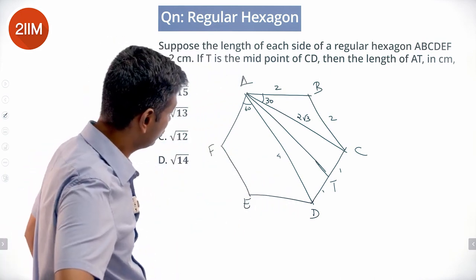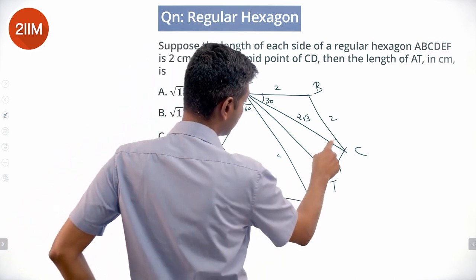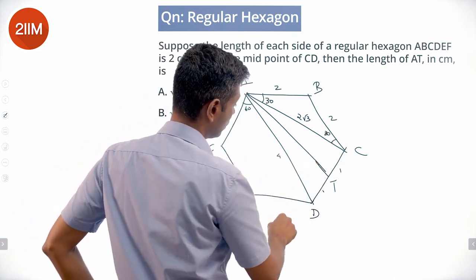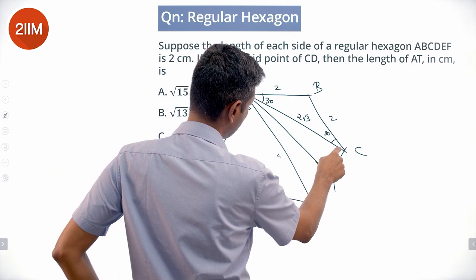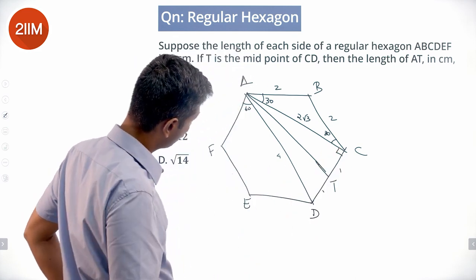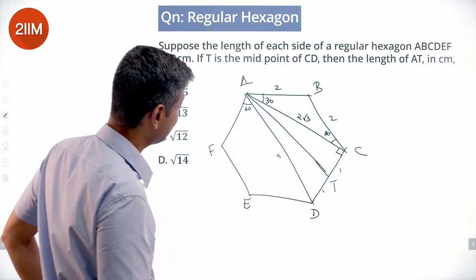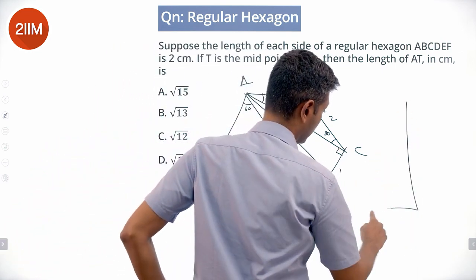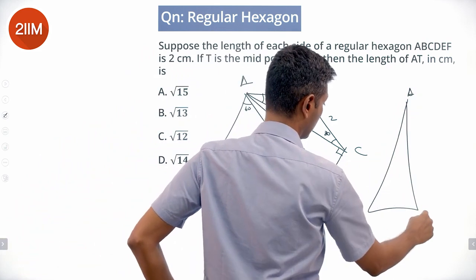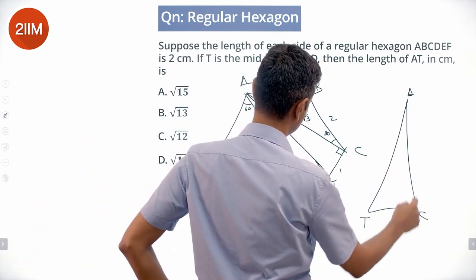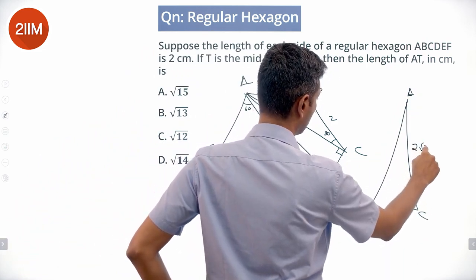Very interesting question, because this angle is 30, so this angle is 90. 2 root 3 and 1. So ACT is a right angle triangle. This is 1. This is 2 root 3.